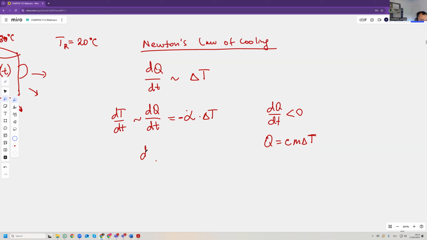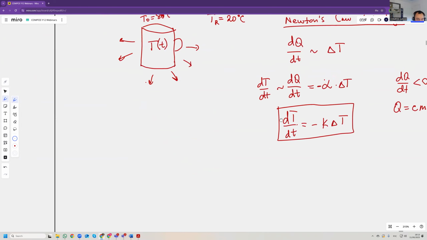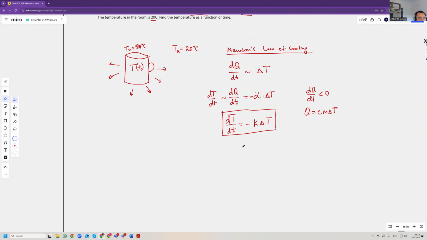So in other words, we can write that dT/dt is equal to minus, we need a new constant, let's call it k, delta T. So the rate of decrease of temperature is proportional to the temperature difference. And we can write that as dT/dt equals minus k multiplied by the temperature of the coffee minus the temperature in the room.